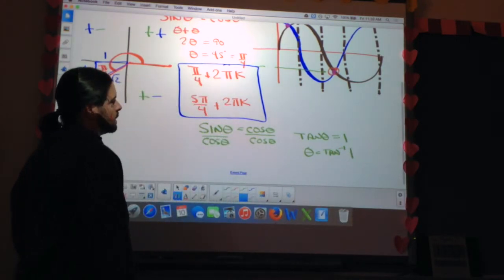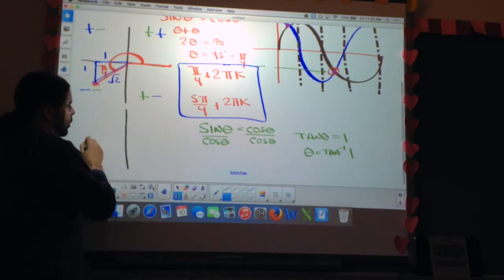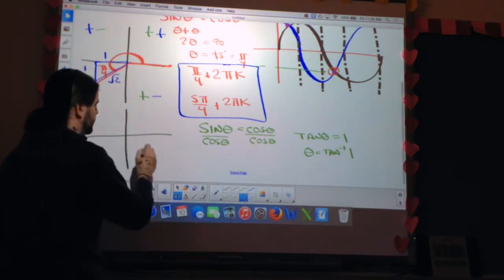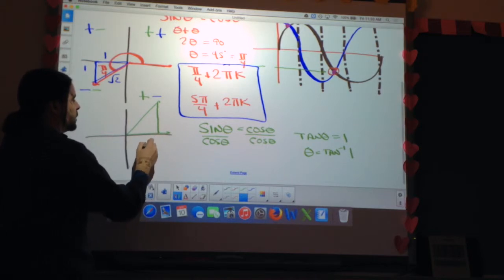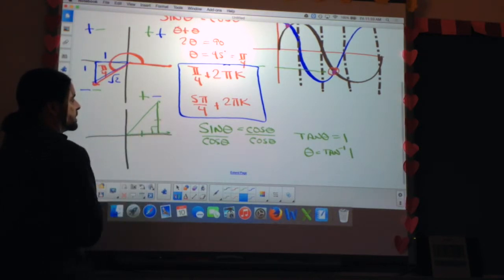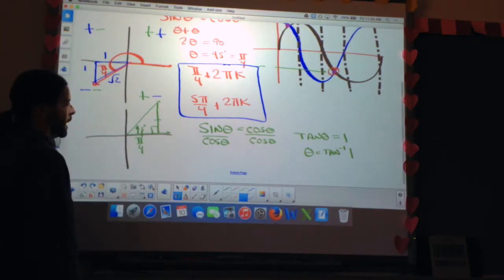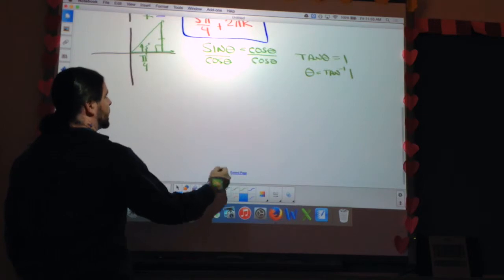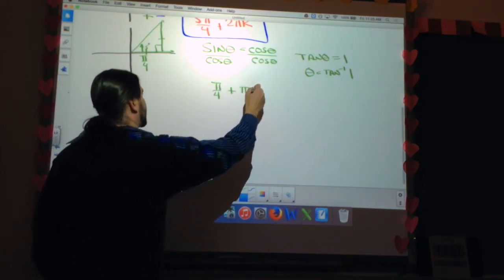And we would ask ourselves, well, where does the tangent equal 1? We would draw a coordinate plane and say, oh, we know that a tangent of 1 means the x value and the y value are the same. So this must be a 45-degree angle, or pi over 4. And then you'd say, okay, so the answer has to be pi over 4, but plus pi k.